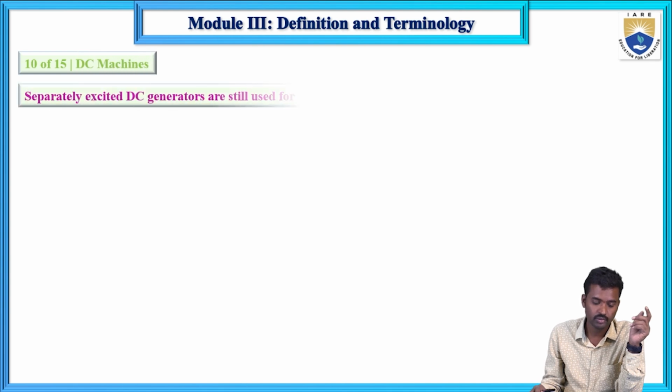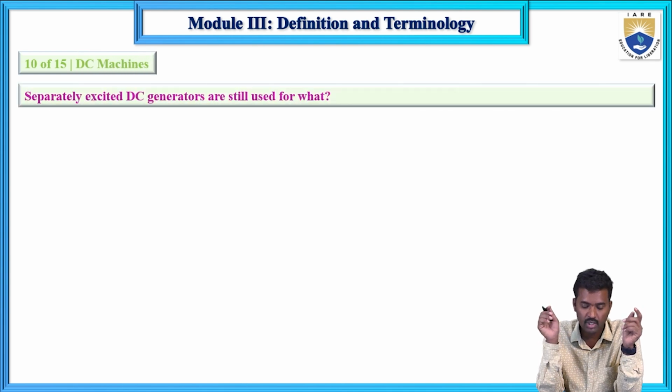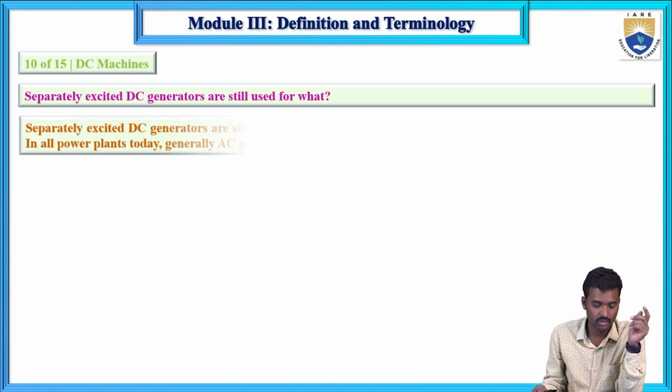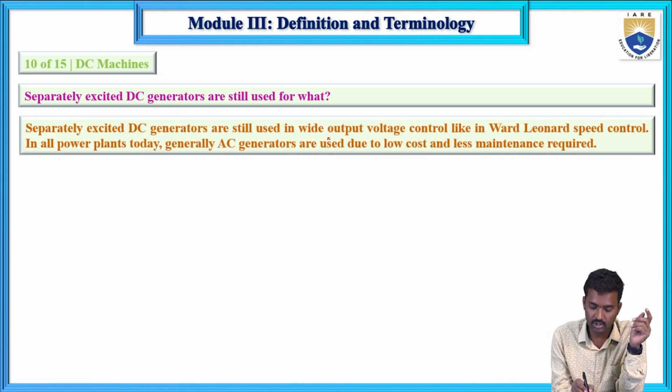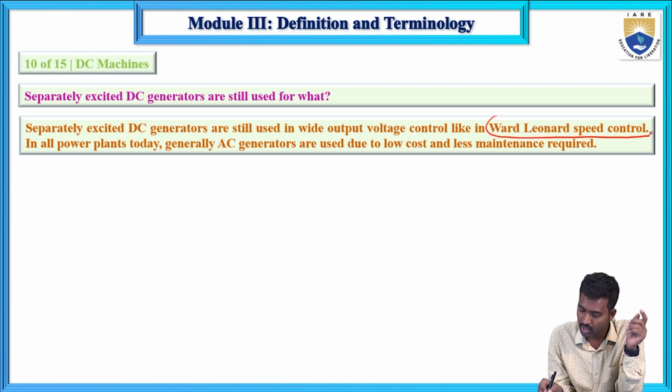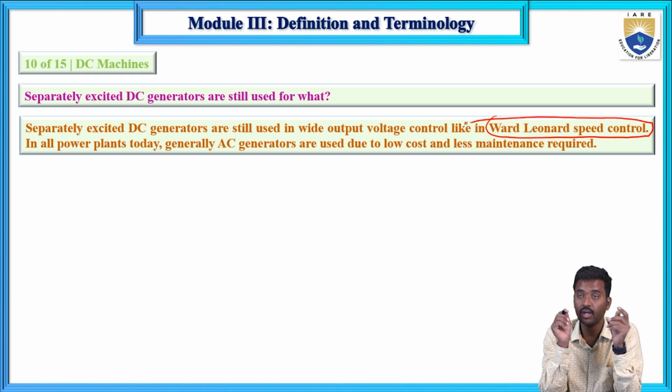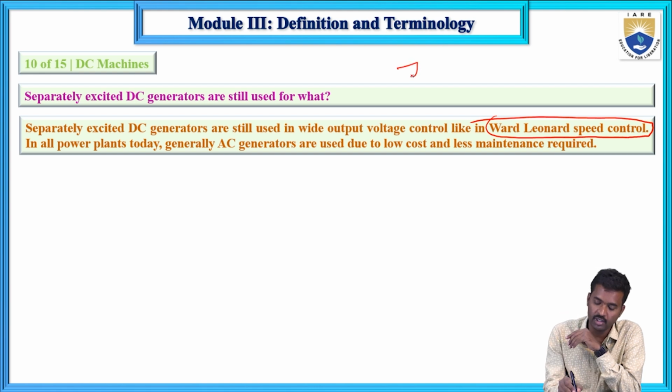Next, the 10th one. Separately excited DC motors are still used for what purpose? Separately excited DC motors are still used in the Ward Leonard speed control method. In this case a separate field is required. This one is the load, this one is the supply. We supply voltage, and this is A and AA, and this is F and FF.